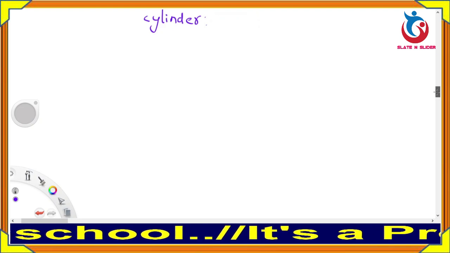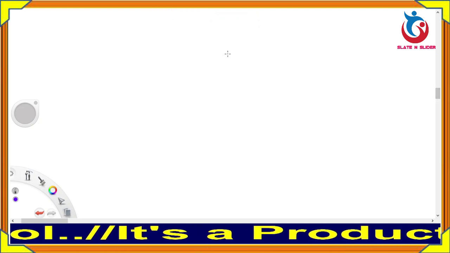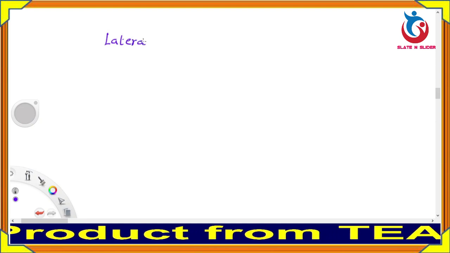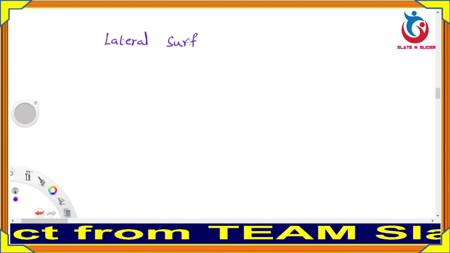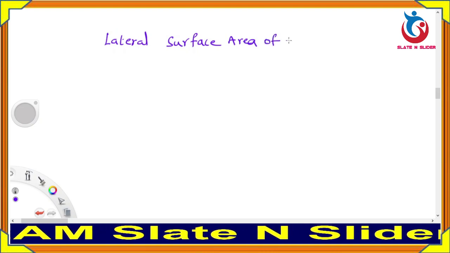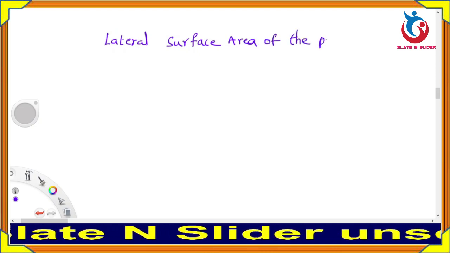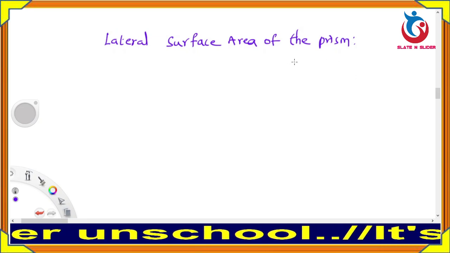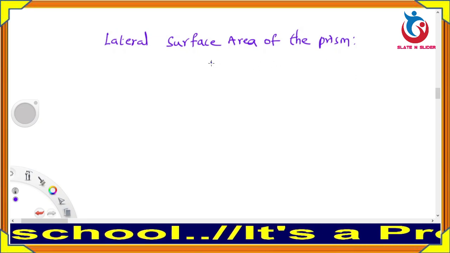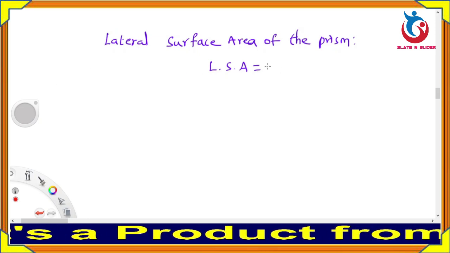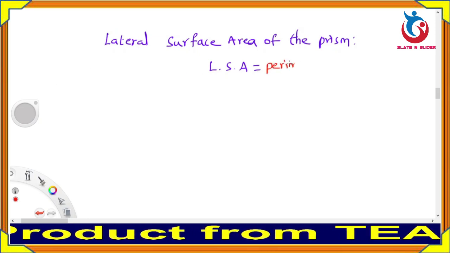So for any of the prisms, how do we find the lateral surface area? Lateral surface area of any prism, that is LSA, is equal to, the main formula, perimeter of the base into height.